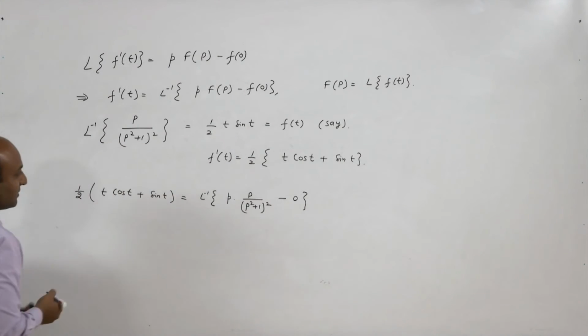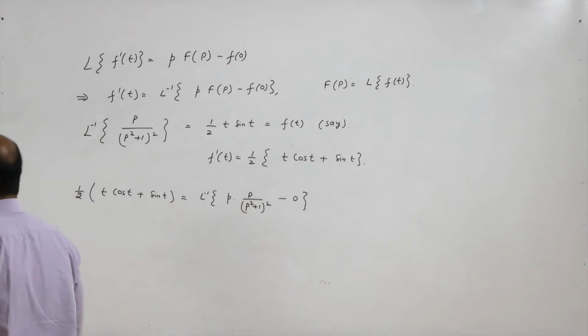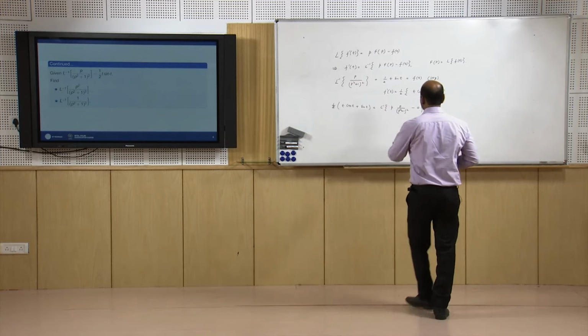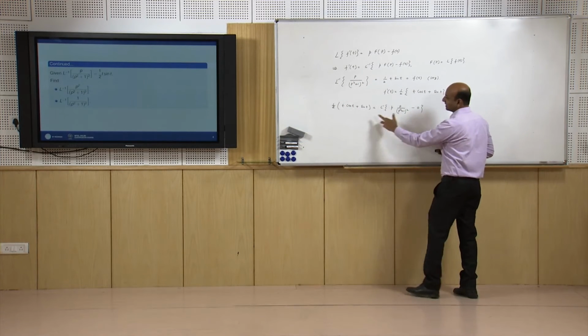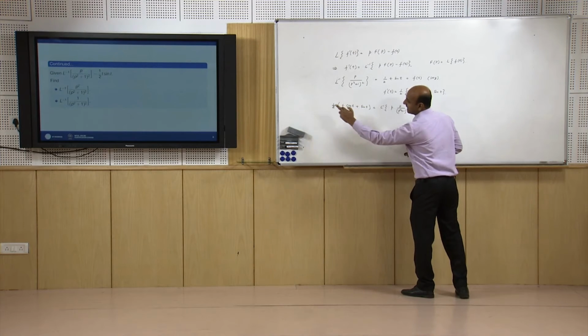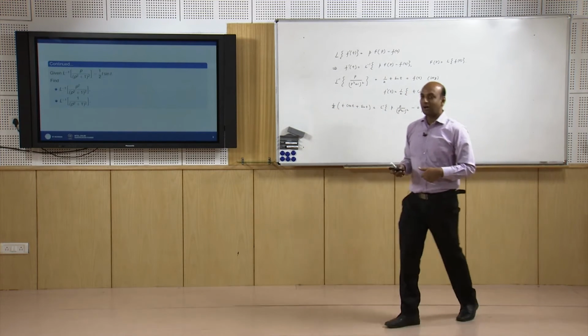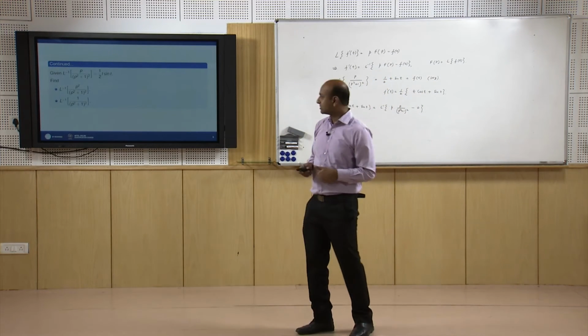So hence we get Laplace inverse of p square upon (p square plus 1) whole square, which is nothing but 1 by 2 (t cos t plus sin t). In this way we have solved the first part of this problem.